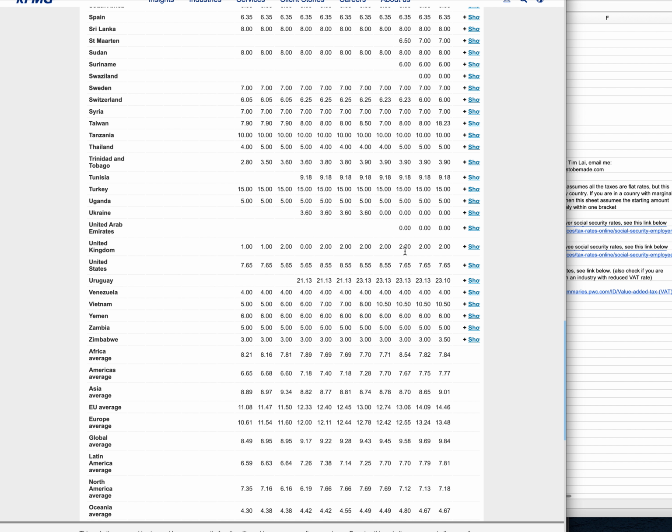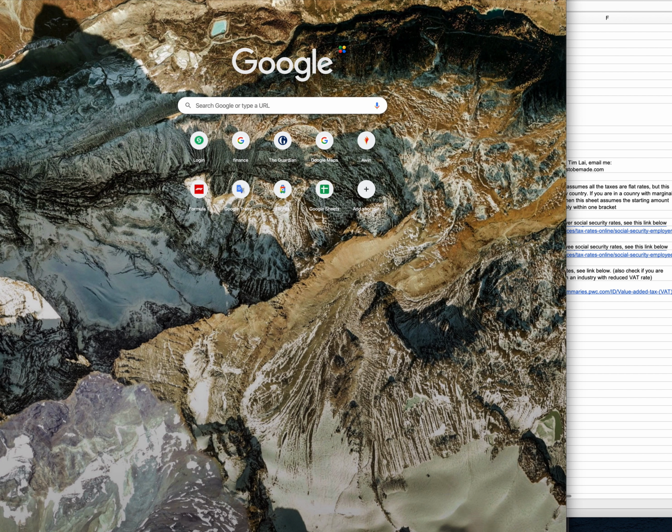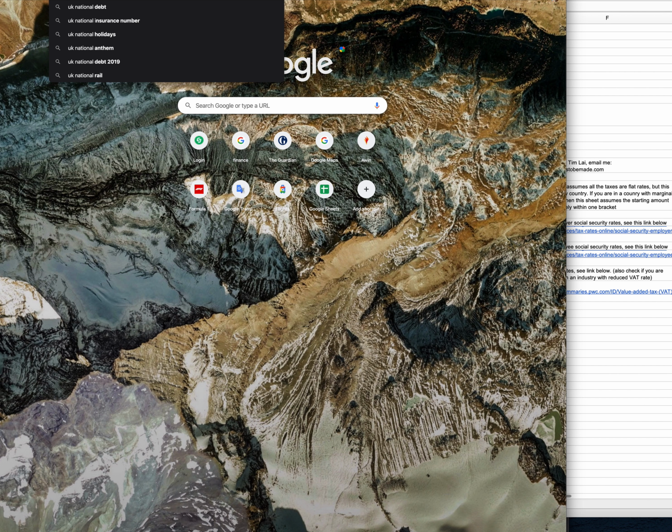Employee social security rates. United Kingdom shows 2% here. I don't think that's the case. I'm just going to Google very quickly because I think it should be around 13%. 11%. UK national insurance rates.